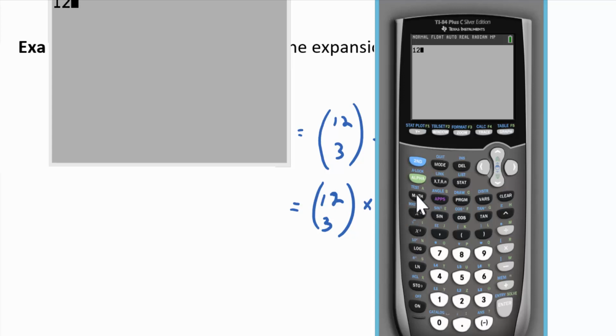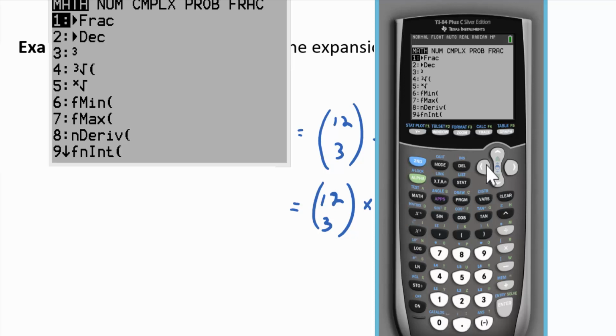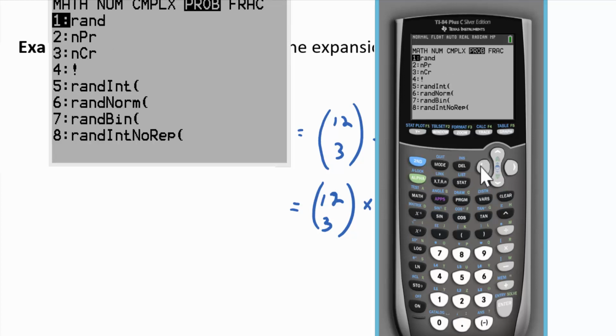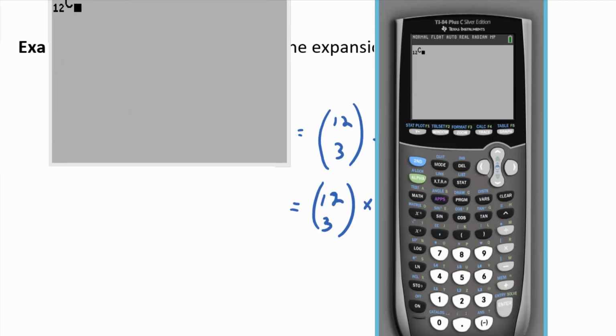Go to the math menu, and then go over to PRB, because this notation comes up a lot in probability, so PRB for probability. And you see the nCr? That's another notation used for n choose k, or the way your calculator denotes it, n choose r. So go down to number 3 and hit enter.